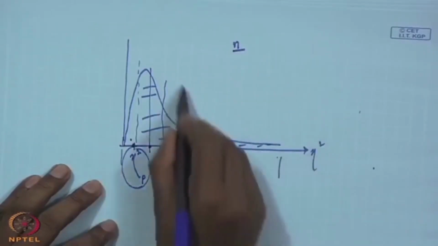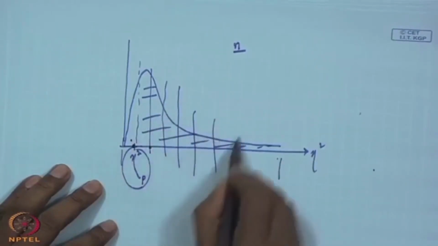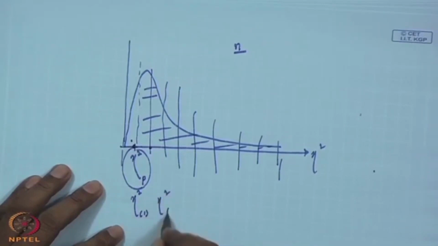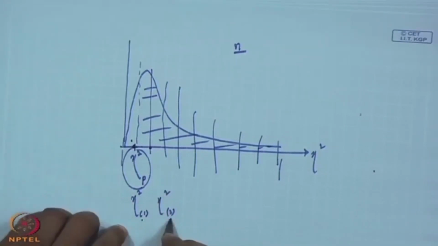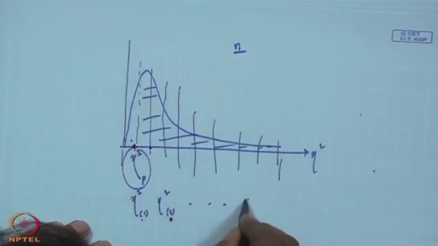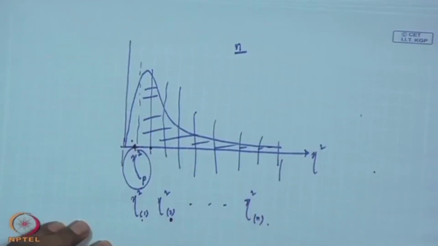This chi-square axis is partitioned into n parts. So, you have chi-square 1, chi-square 2 — this 1 and 2 are not degrees of freedom, these are the observations, that is, the quantiles. So, like this you will get chi-square n values.